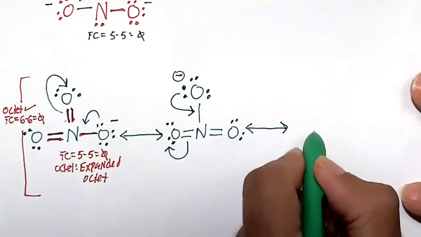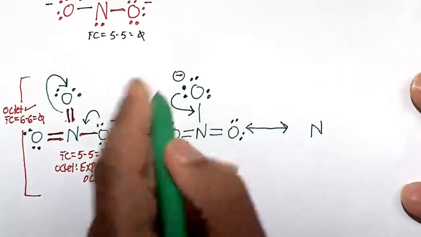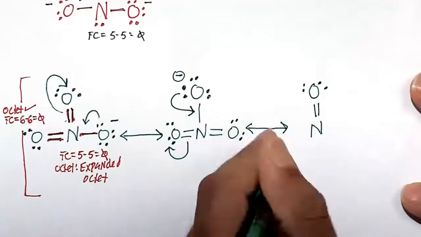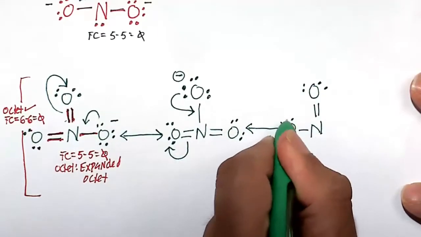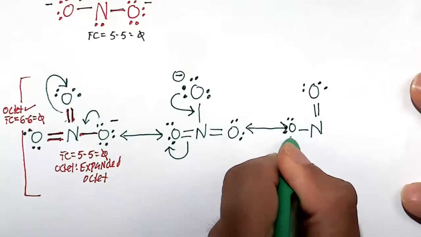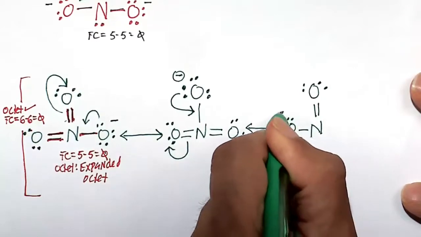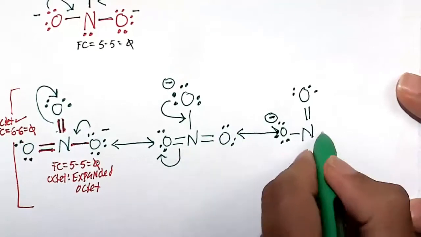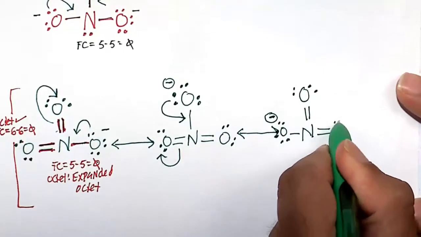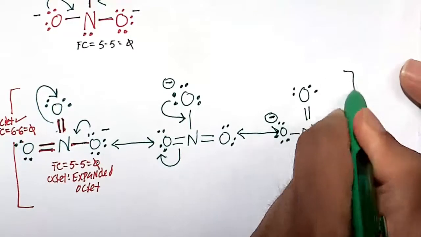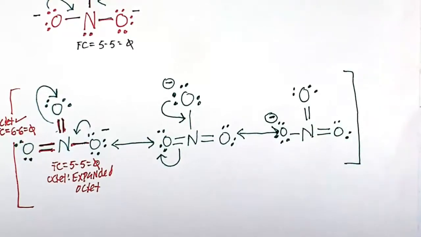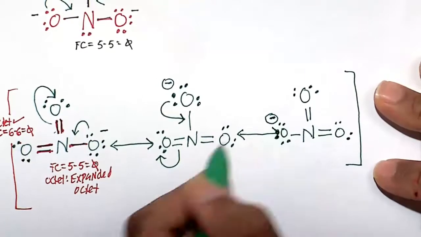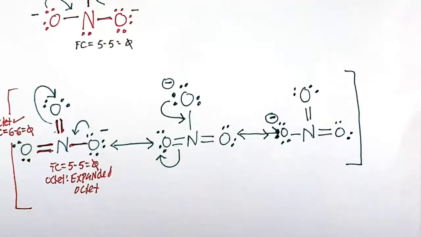So let's draw this final rendering of our resonance structure. We'll have a double bond here. Okay, the formal charge now is on this oxygen, and I really didn't change anything here. So those are the 3 resonance structures of the nitrate ion.